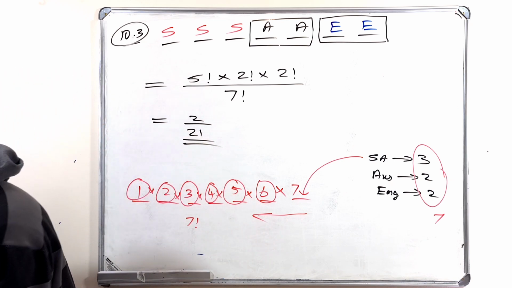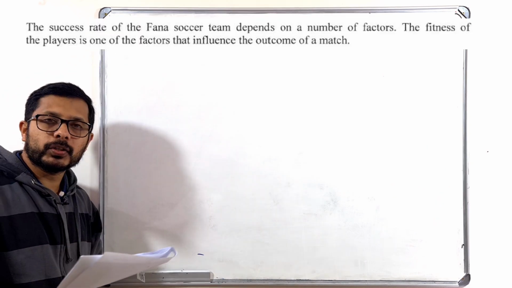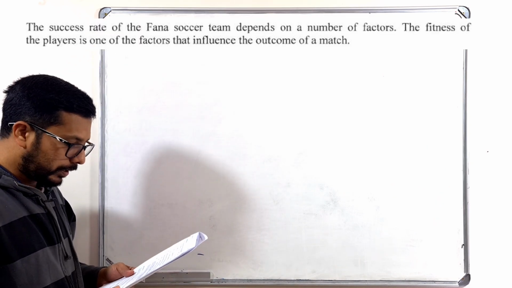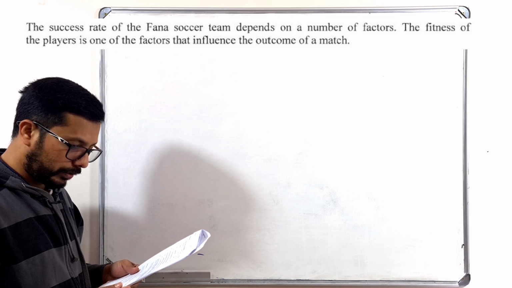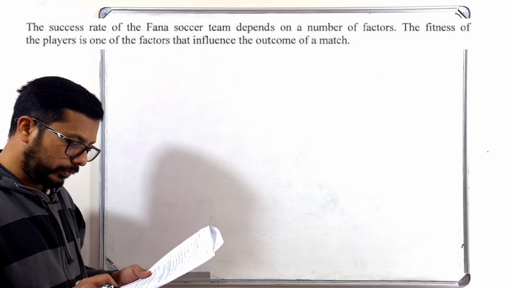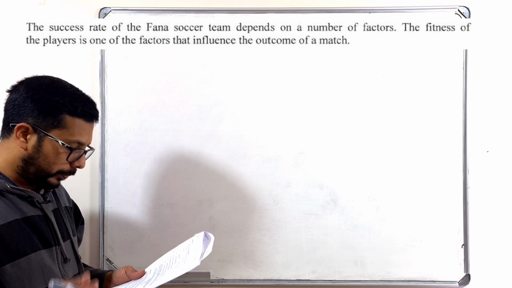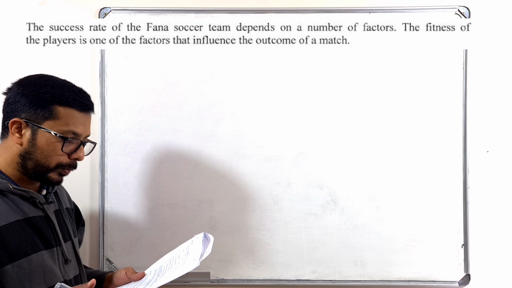Now let's go to question number 11. The success rate of a FANA soccer team depends on a number of factors. So the success of a soccer team depends on a number of factors. The fitness of the player is one factor that influences the outcome of a match.